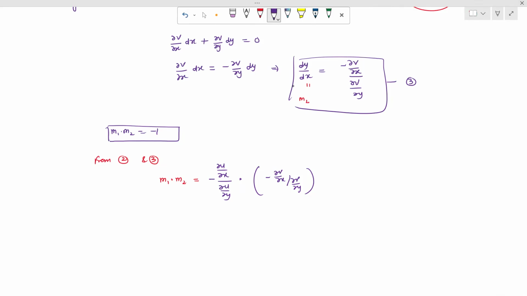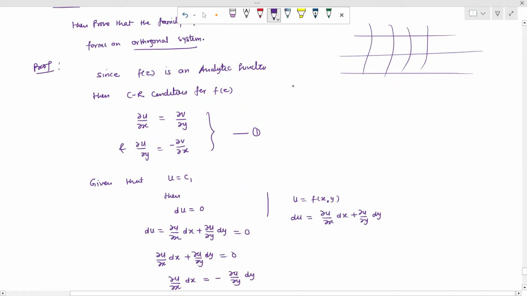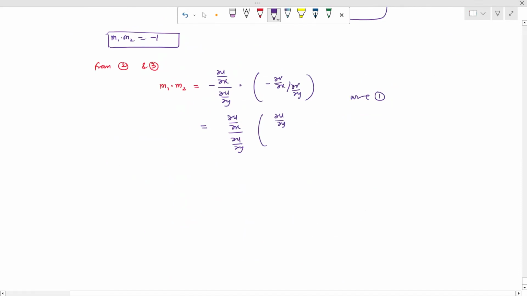So this minus and minus cancelled. Now we write this as del u upon del x upon del u upon del y, and we apply the CR condition. So using 1, del v upon del x we can write as minus del u upon del y, and del v upon del y is equal to del u upon del x.